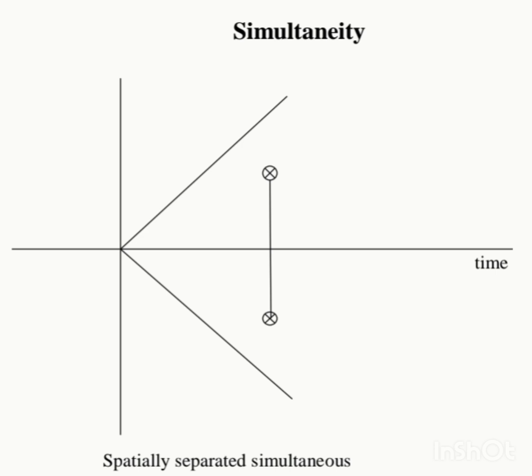Thus, two spatially separated events that are simultaneous for one observer are not simultaneous to any observer who is moving relative to the first observer.